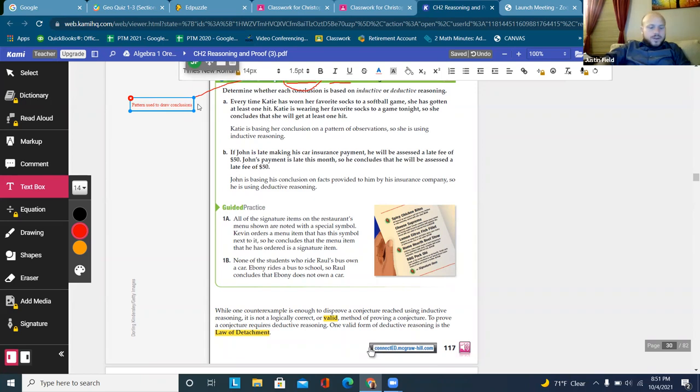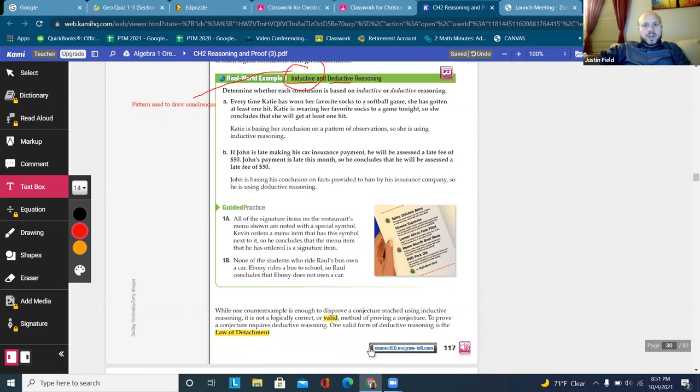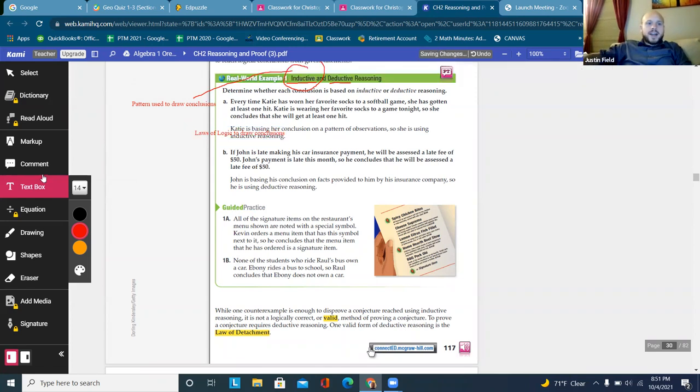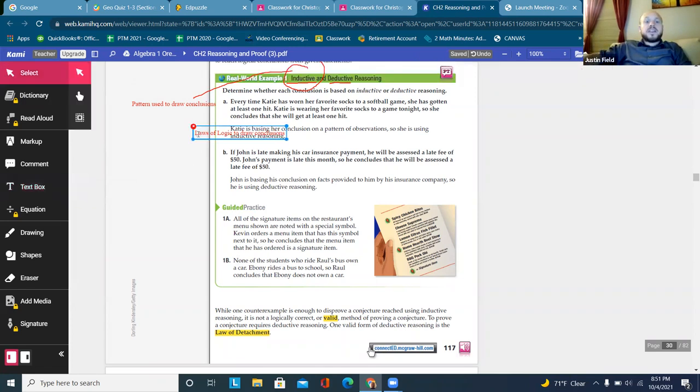Okay, so you use a pattern to draw your conclusions, then you are using inductive reasoning. But if you use laws of logic to draw conclusions, that would be deductive reasoning.